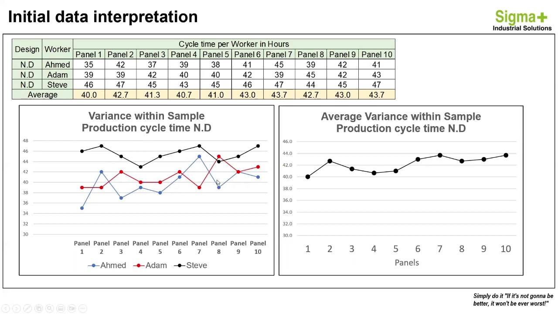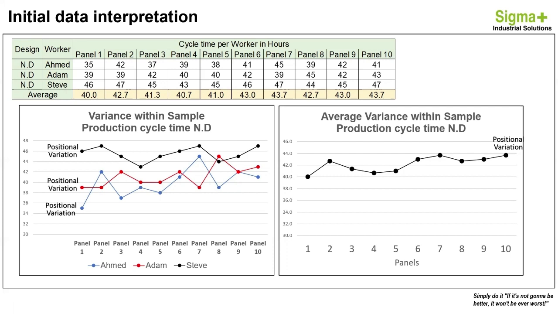And from the previous session, if we assume that each worker is one sample, do you remember what we used to call this kind of variation? We used to call it the within variation, or it's also called the positional variation. Okay, so that's the first remark that we can see from the figure.